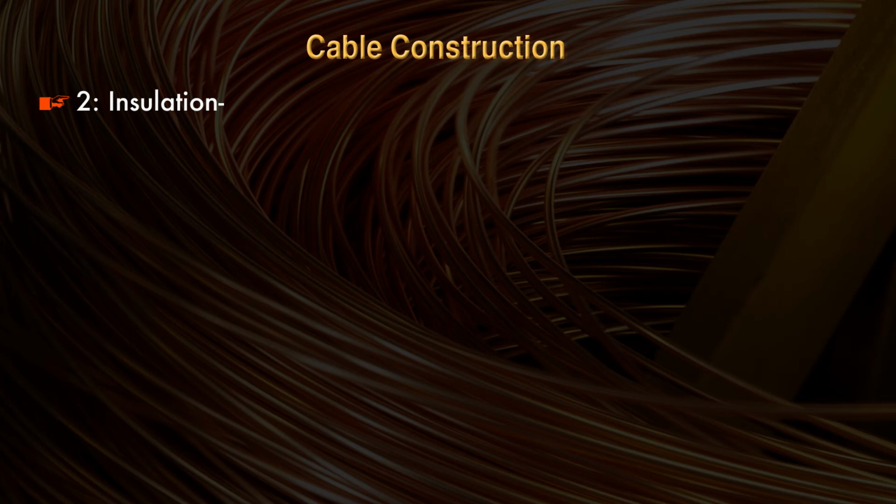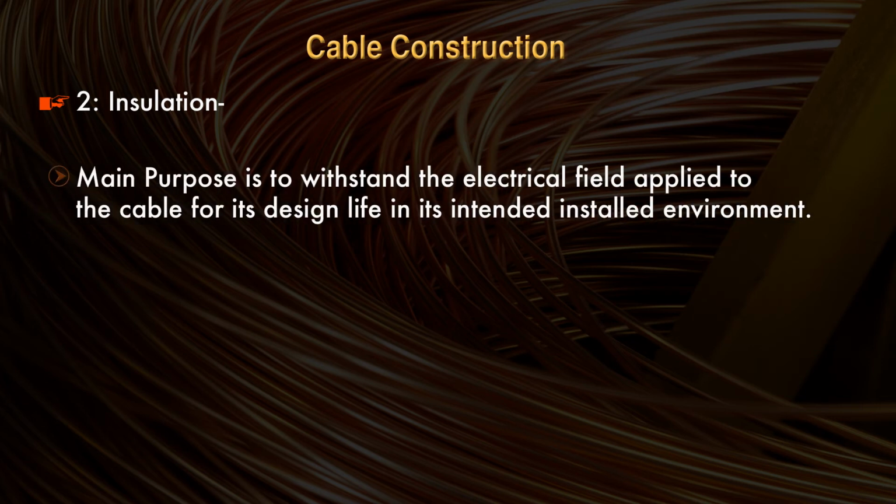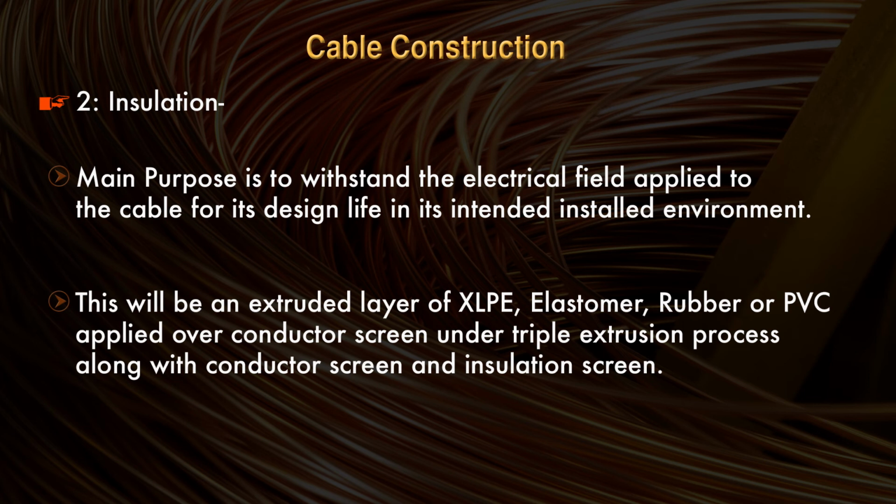Now we are going to discuss the insulation. The main purpose of insulation is to withstand the electrical field applied to the cable for its design life in its intended installed environment. This will be an extruded layer of XLPE, elastomer, rubber or PVC applied over the conductor screen under triple extrusion process along with the conductor screen and insulation screen.